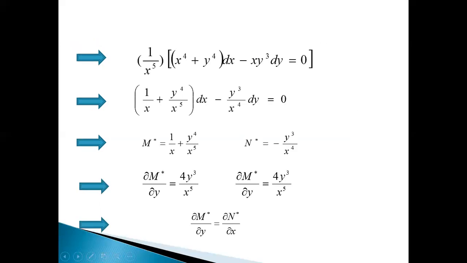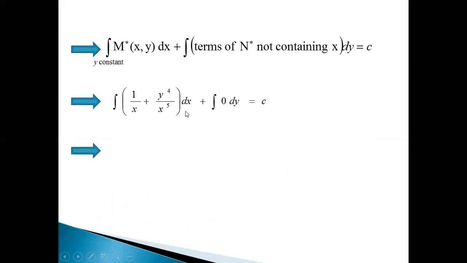So now the formula for solving the exact differential equation: m star into dx, plus terms of n star not containing x. Here our m star is this, and terms of n star not containing x. But here we have only one term which contains x. So here m star dx plus 0 dy, because in n star there is no term which does not contain x.